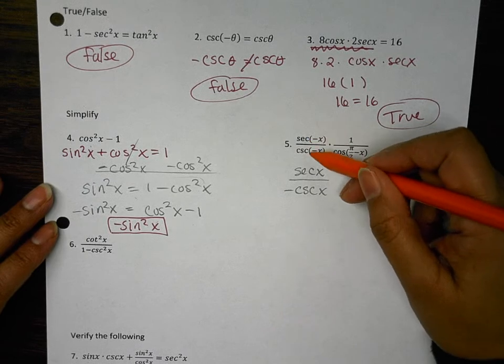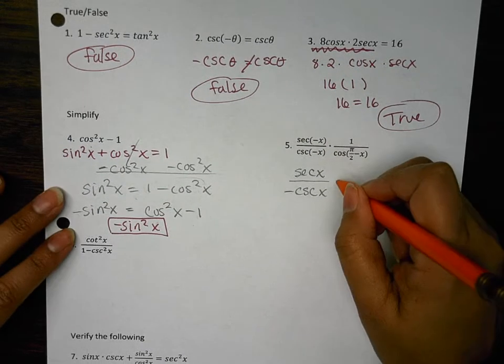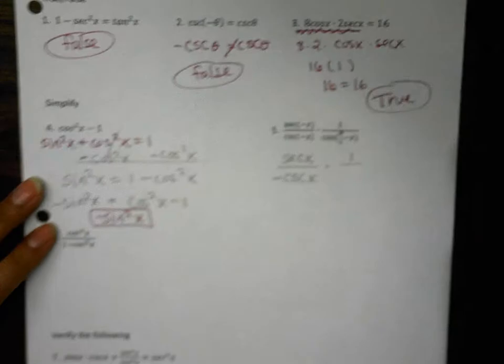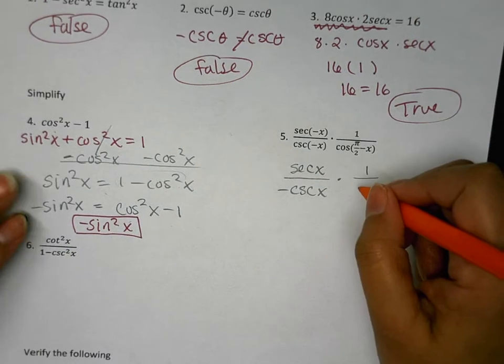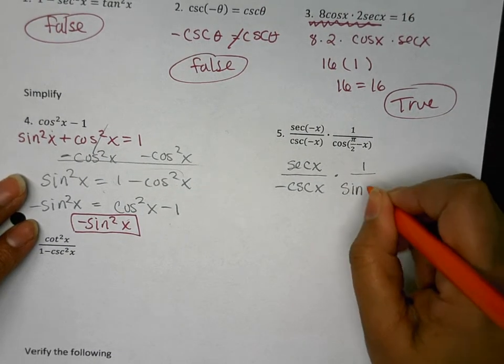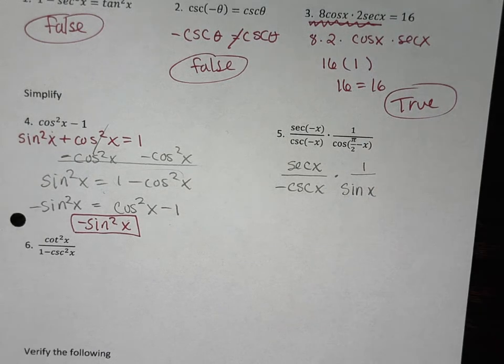Secant stays as is, cosecant stays as is, it's just what happens with the negative. Times 1 over. This is a complementary cofunction. What's cosine's cofunction? You either add co or take off co. It's sine of x because the complement of 90 minus x is x. Questions so far?